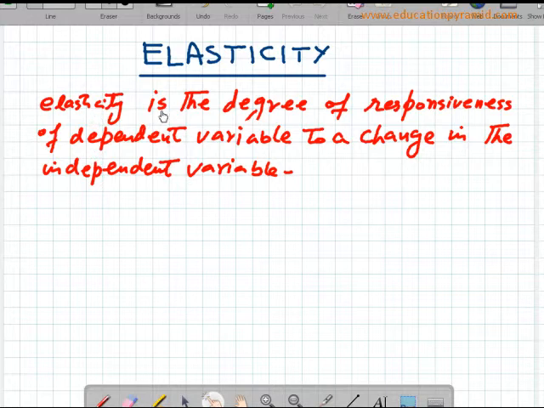So elasticity is the degree of responsiveness of dependent variable to a change in the independent variable.